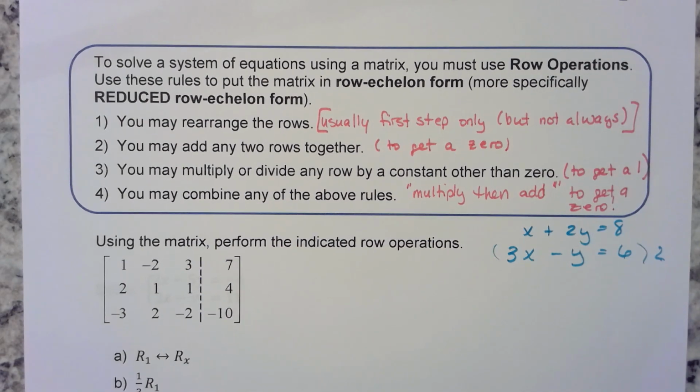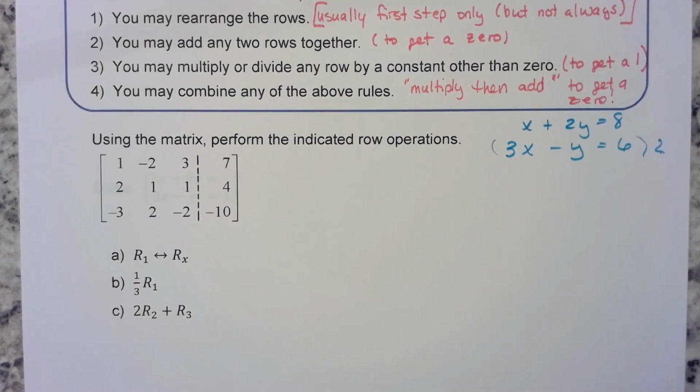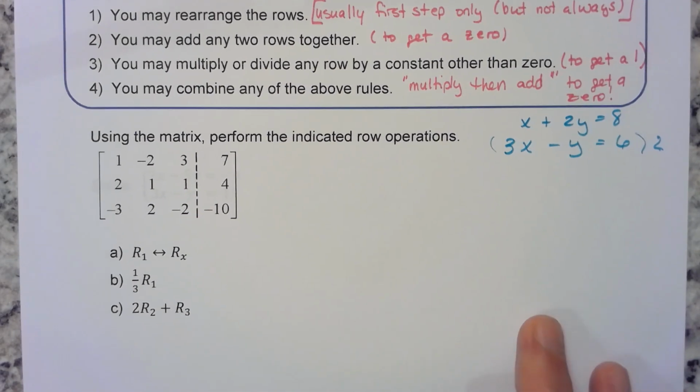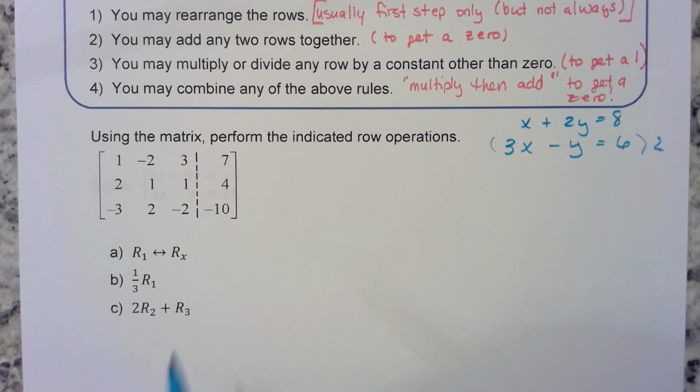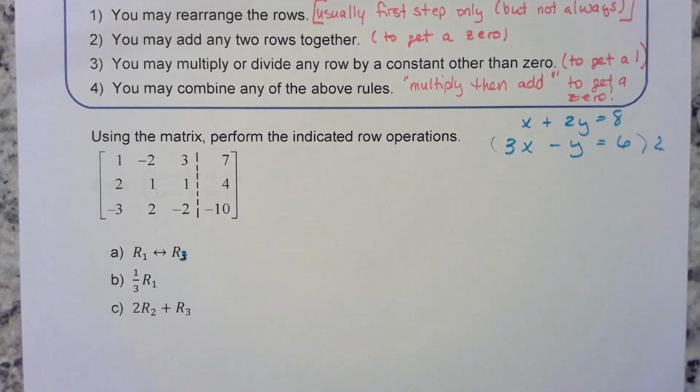So let's practice some row operations before we actually start using Gaussian elimination. This means, let's just say we're going to switch it with row 3. I'm not sure what your notes say, but I'm going to make it row 3. This row operation notation means we switch rows 1 and 3.